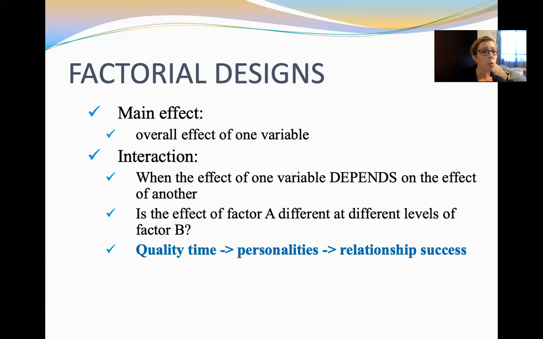So if this only happens for extroverts and not for introverts, that would be an interaction effect. And it also is an interaction effect if there's a difference, like we just saw, in slope. So it looks different, better, worse, stronger, or in a different direction for a different factor.